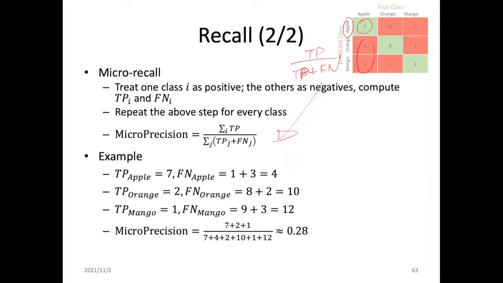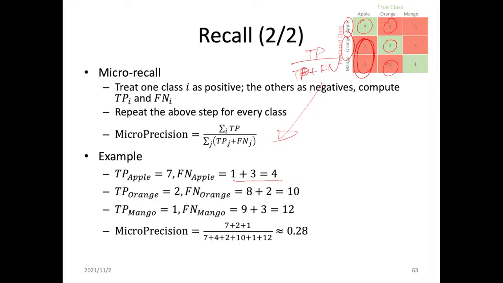These 4 instances are indeed apple, but they are predicted as not apple. So they are wrong, and we have 1 plus 3, which is 4 here. If we treat orange as the positive class, then this 2 is true positive, and this A plus 2 are predicted as not orange, but they are indeed orange.